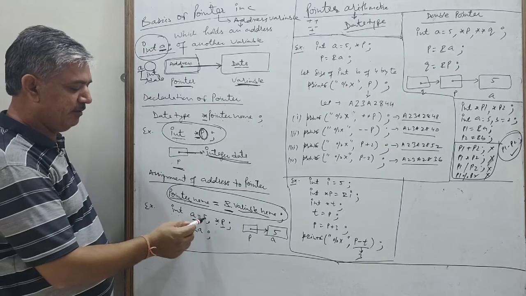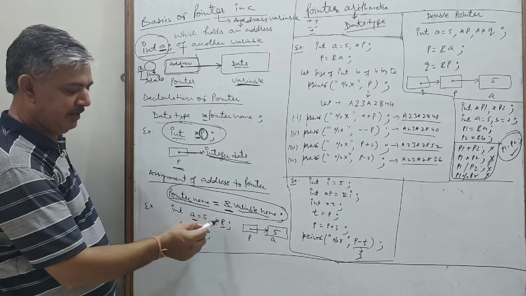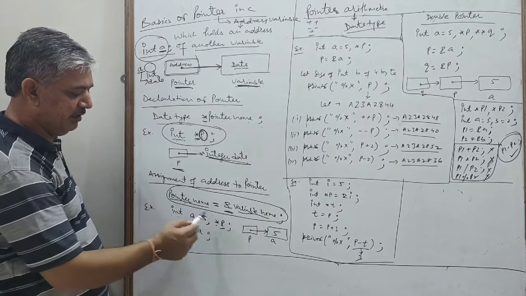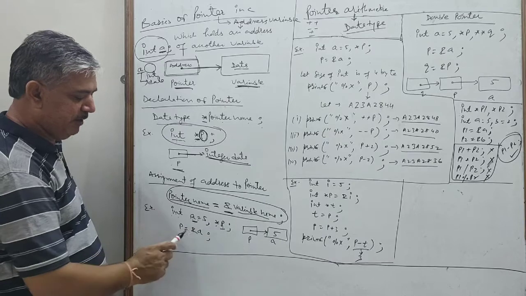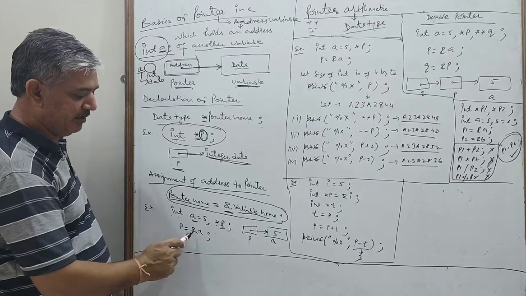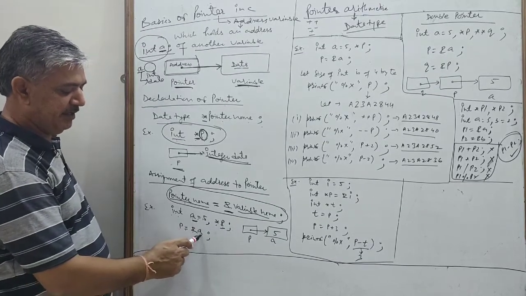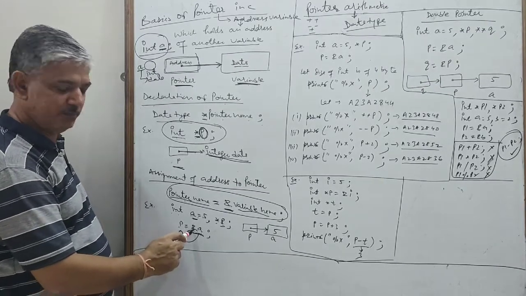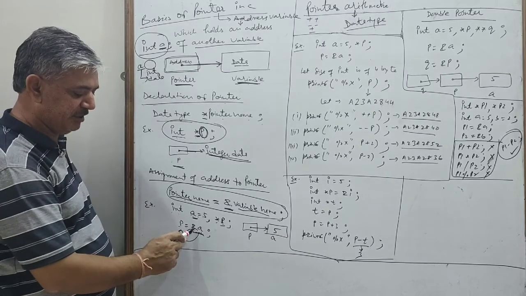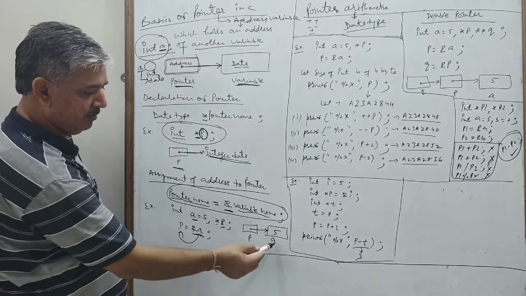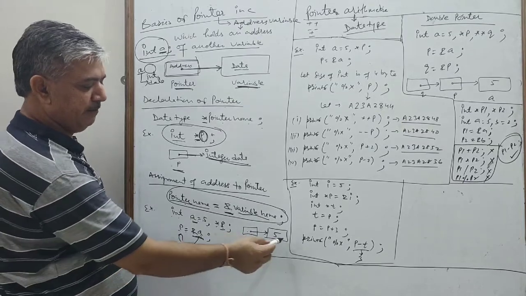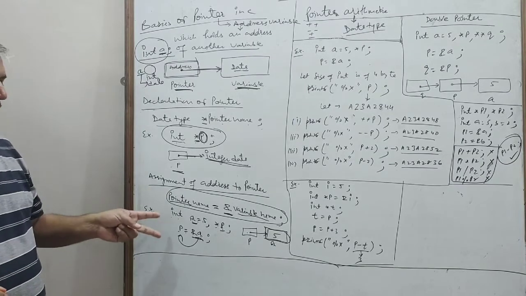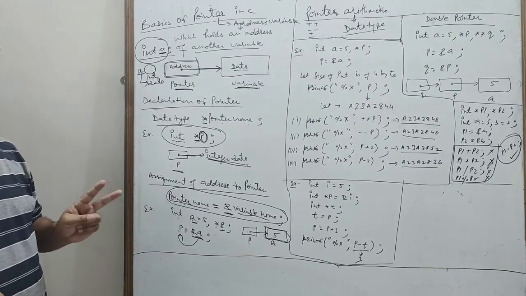The value of a is 5, and p is a pointer which points to an integer value. To assign the address to p, I write p = &a. The ampersand is the address operator, so the address of a is assigned to p. Clear? This is the way to assign an address to a pointer.